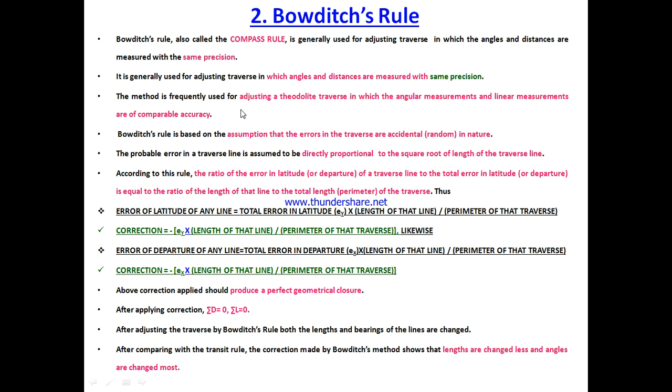Also, in this particular method, which is frequently used, the theodolite traverse adjustment for angular and linear measurement have comparable accuracy. I have already explained how to determine the instrument for measuring angular measurement or for doing linear measurement on the basis of the accuracy of the other chosen measurement method.